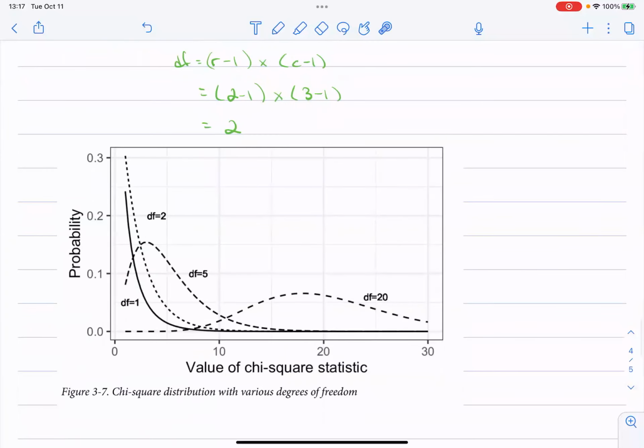And I would say these all start at 0. And so there's a sharp incline. There's nothing, and then it starts here at the top and then goes. But these are all skewed to the right.